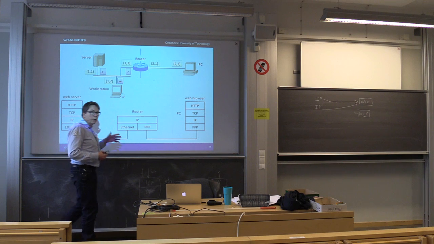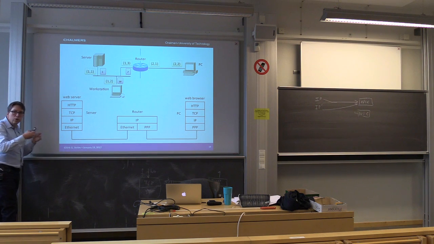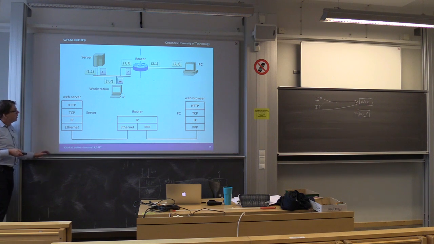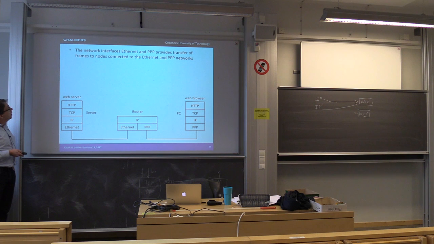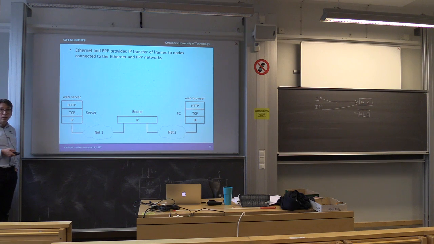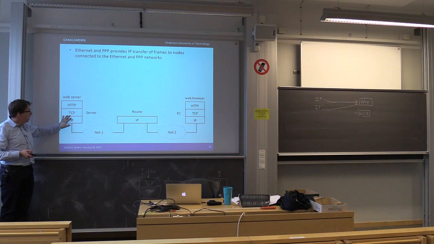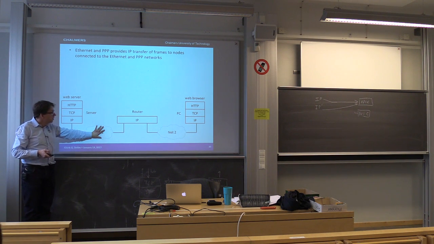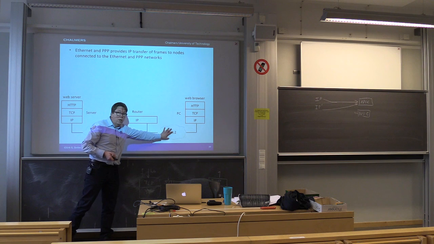But of course, they need to be coordinated in order to figure out the route of the packet. From an abstract point of view, these Ethernet and point-to-point protocols just provide some connectivity over a network for the IP layer. So the IP layer uses this network here and that network there.